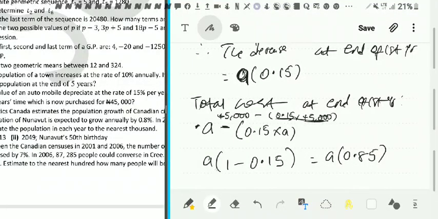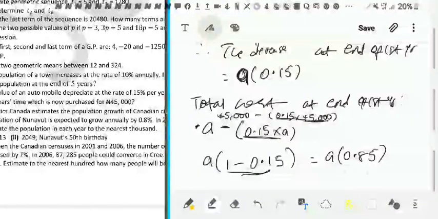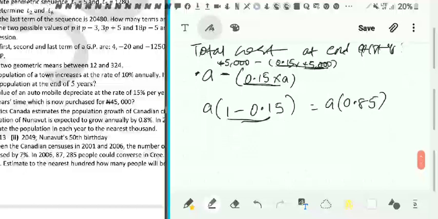I hope you get how I factorize this. A times 1 will give me A here. Then A times minus 0.15 is minus 0.15A. So that's just how I factorized it. Then 1 minus 0.15, I can perform arithmetic with this just the way I did the other time. So I have A open bracket 0.85.